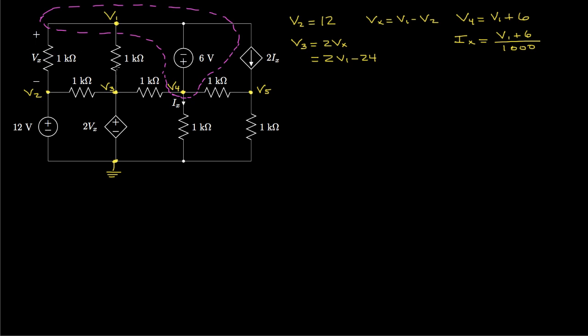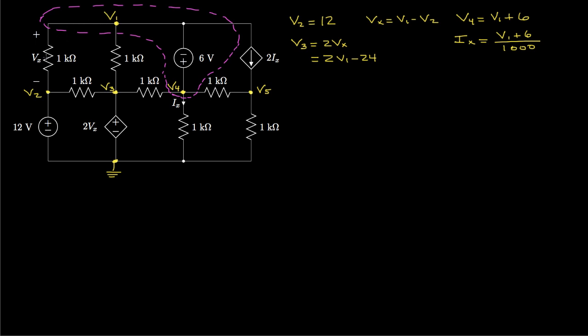So that's going to be 1, 2, 3, 4, 5, 6 wires. This one and this one all connect to V1, this one and this one all connect to V4, but when we need a voltage to describe those, we'll call in this relationship that V4 is V1 plus 6.